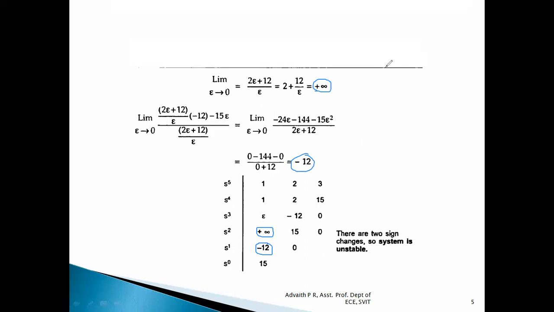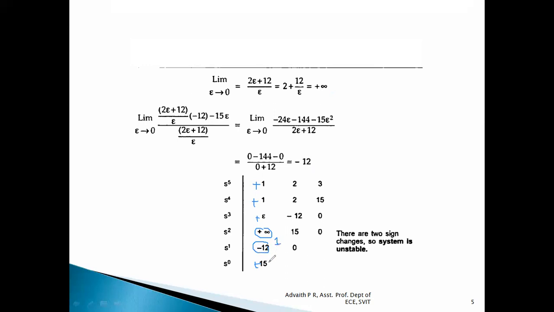Now, if we observe the first column of the routh array, we have got plus 1, plus epsilon, plus infinity, minus 12, plus 15. If we clearly observe, there are two sign changes. From positive infinity to minus 12, there is one sign change.